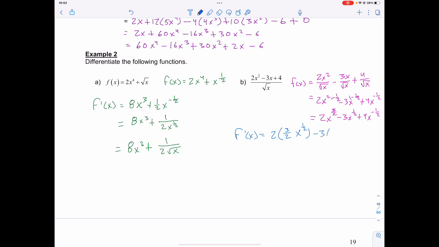Minus 3 times 1/2 x to the negative 1/2 when I take away 1. Plus 4 times negative 1/2 x to the negative 3/2.